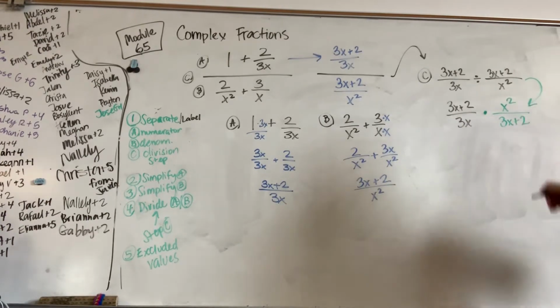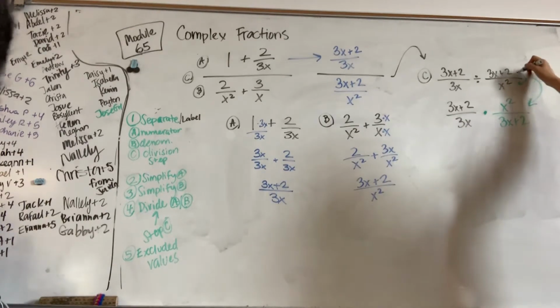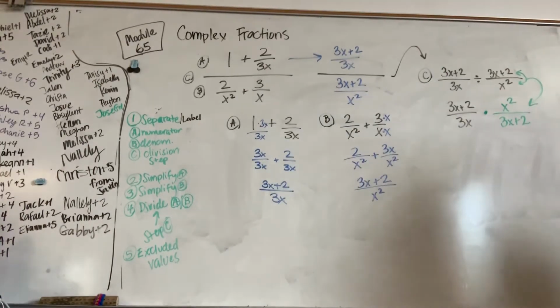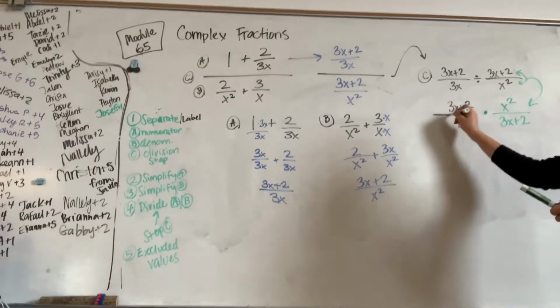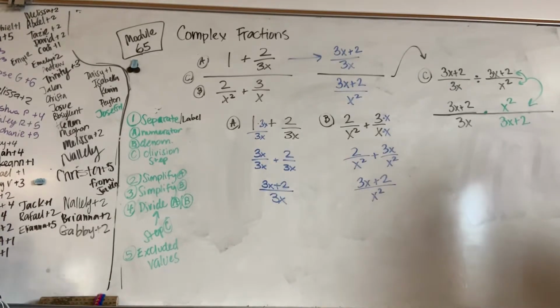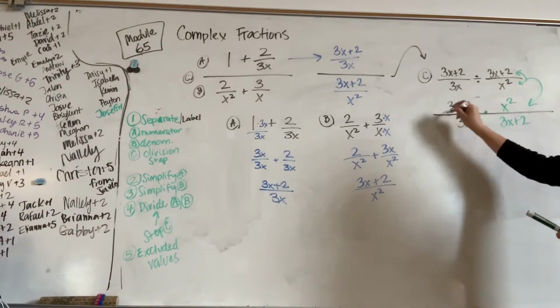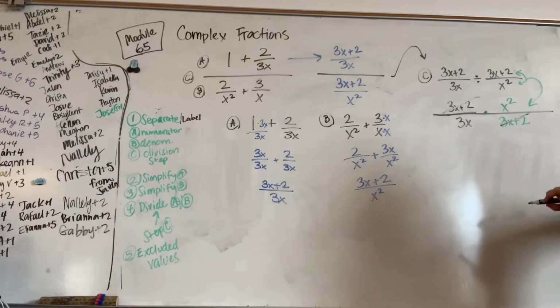So this one's really turning into that one, right? Yeah, and then I would just connect the lines. And then I will cancel the 3x plus 2. And then I have x squared over 3x.